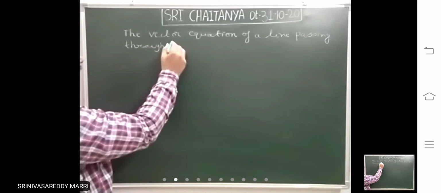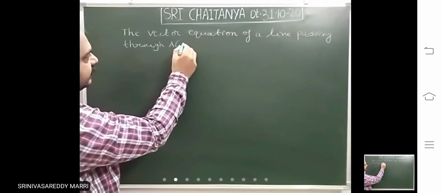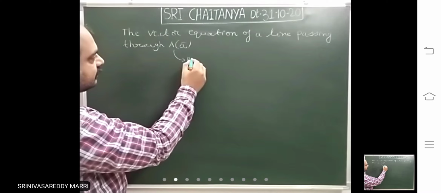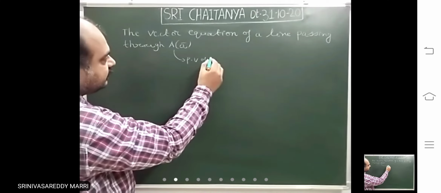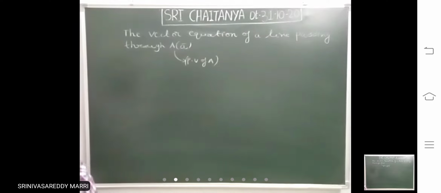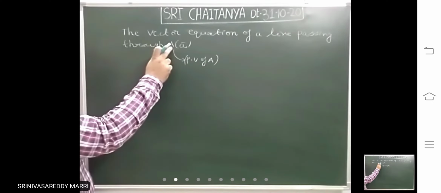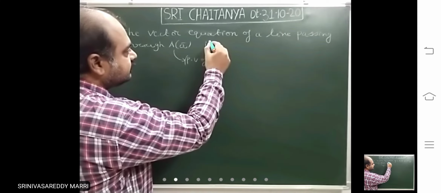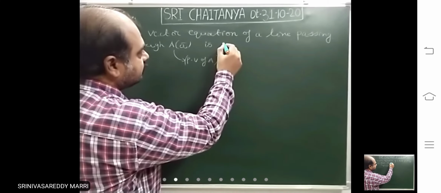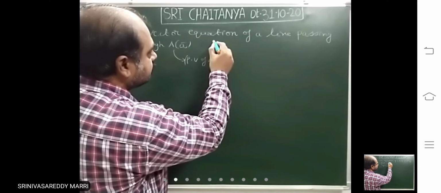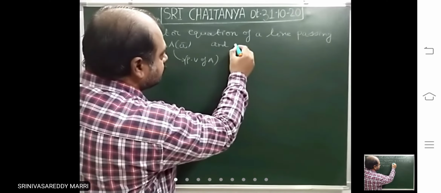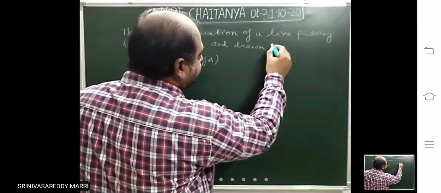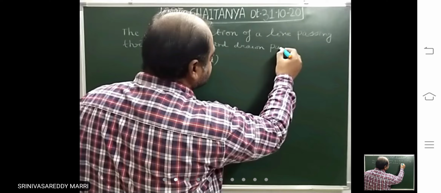In vector equation, passing through point A, whose position vector is A bar. So this is the position vector of A, right? So on the line there is a point whose position vector is A bar, and a line drawn parallel to B bar.